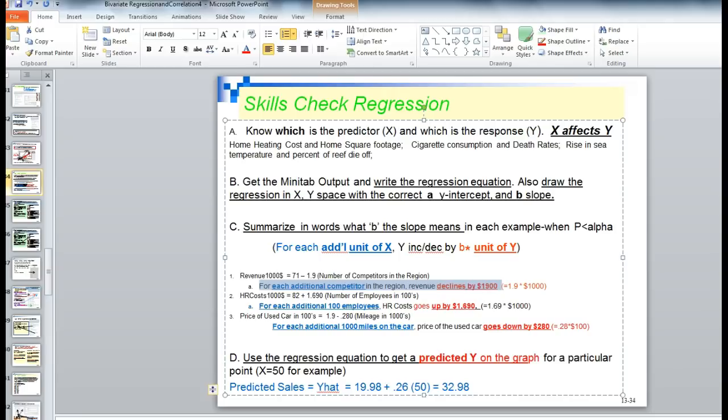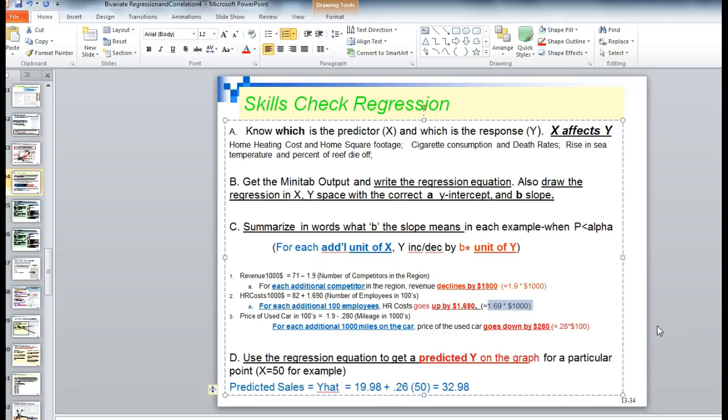$1,900. Here we have number of employees and human resources costs. Number of employees are in hundreds, and we think that affects the costs, HR costs. So, for each additional 100 employees, HR costs go up by $1,690. Everybody see how we got $1,690?